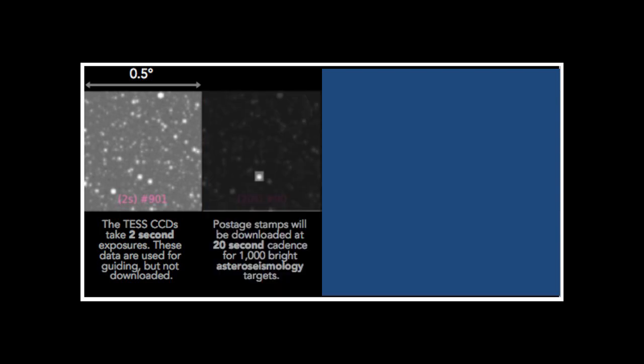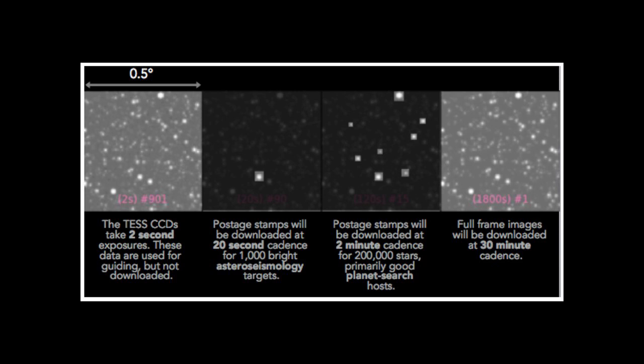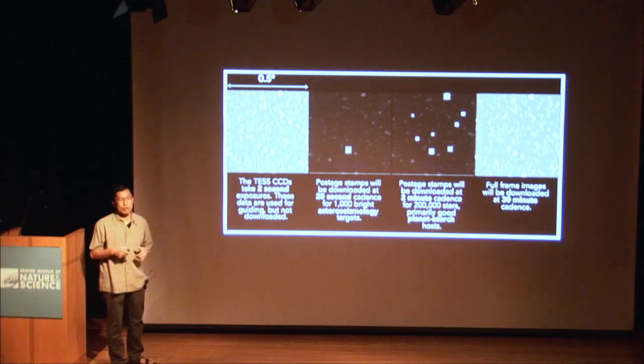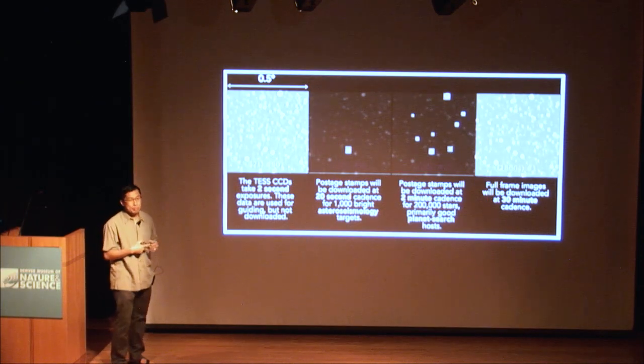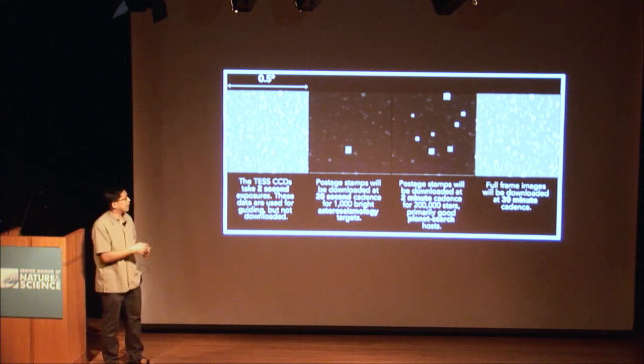And there are different types of observations. So it doesn't necessarily send all the data back from those detectors, but what it does do is that every 30 minutes or so it will send everything back. But at shorter time scales, the satellite is focused on 200,000 stars that the primary scientists figure are really important for looking for planets.